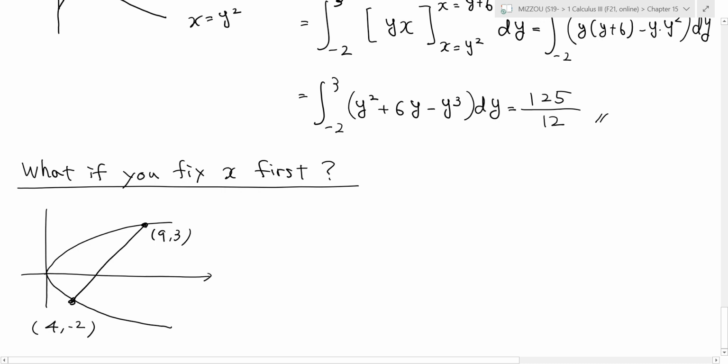If you integrate with y first, namely you fix x first, depending on where you fix your x here, there are two different scenarios.